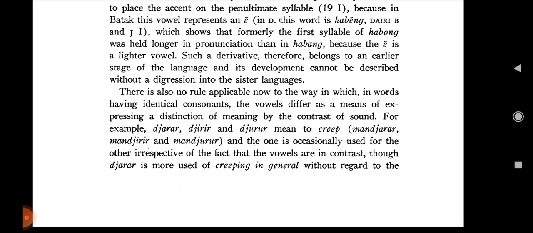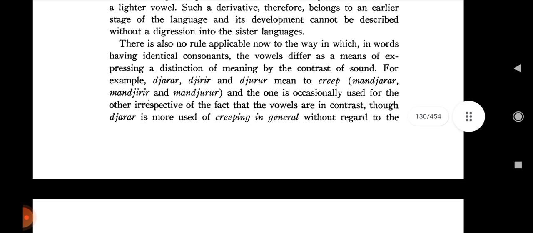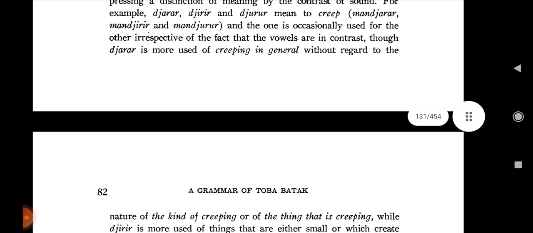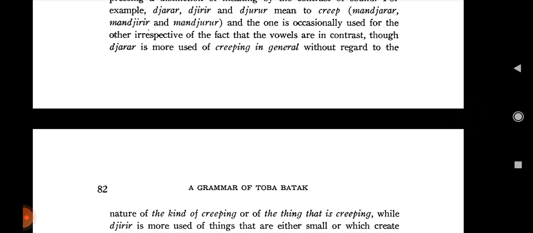There is also no rule applicable to the way in which, in words having identical consonants, the vowels differ as a means of expressing a distinction of meaning by the contrast of sound. For example, jarak, jirik, juruk mean to creep, majarak, majirik, and majuruk, and the one is occasionally used for the other irrespective of the fact that the vowels are in contrast.